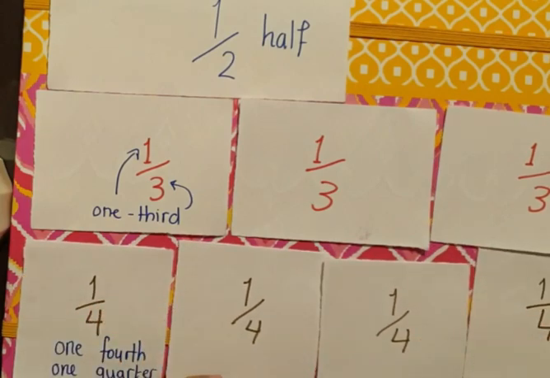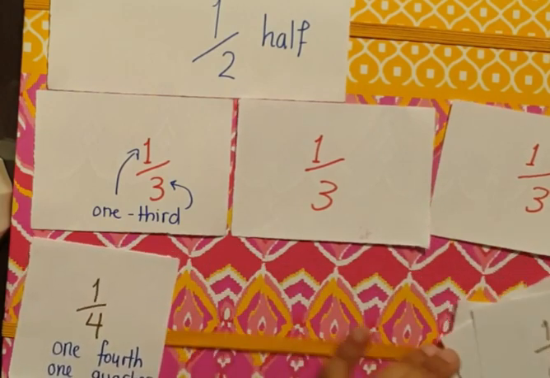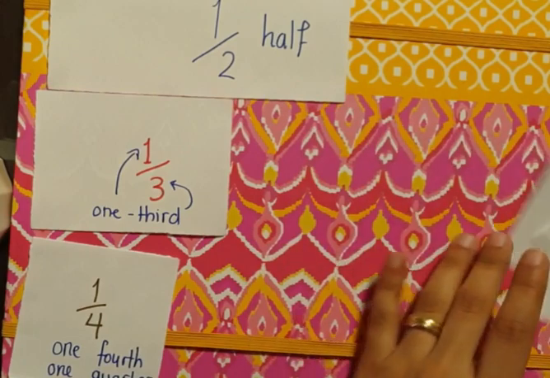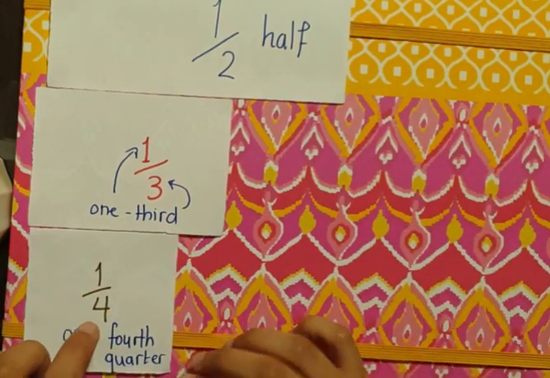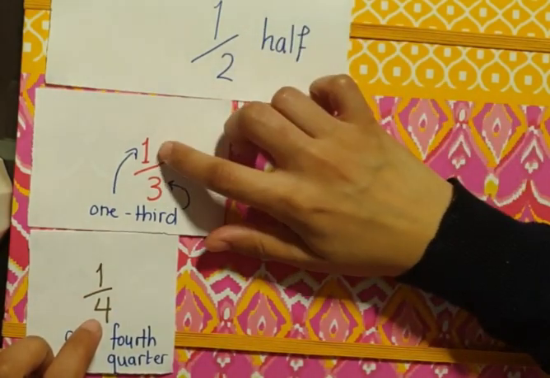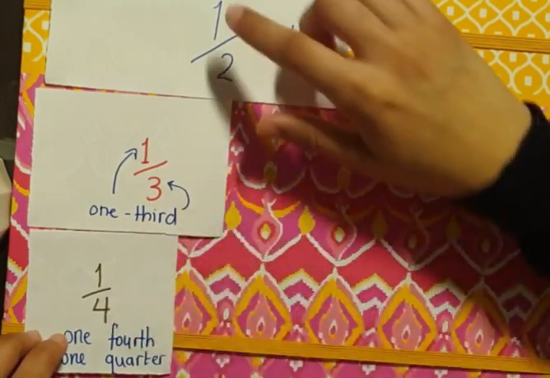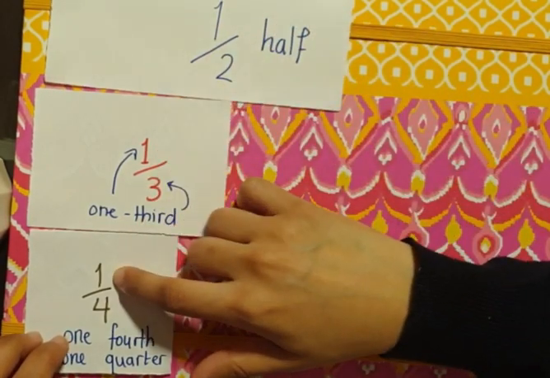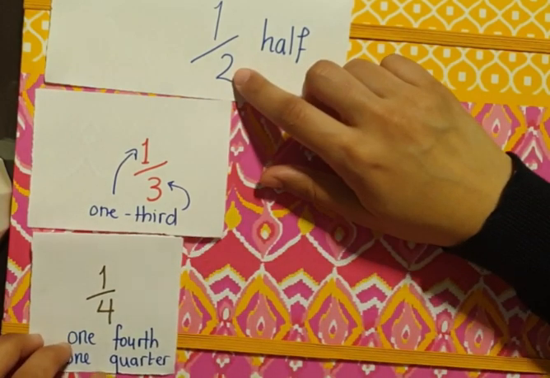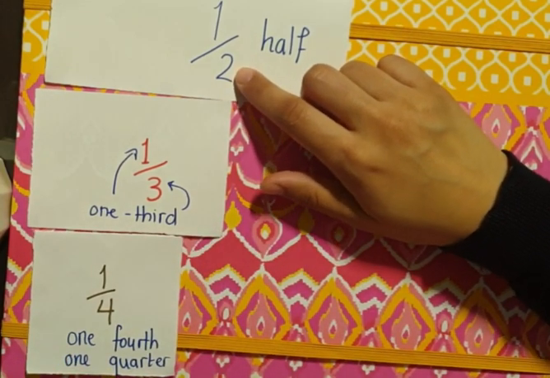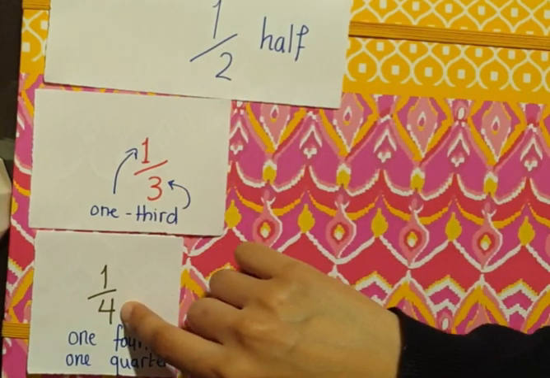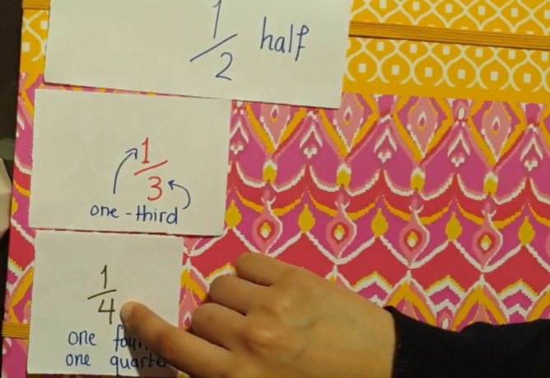All right, so keep in mind that if all of the numerators, or the numbers on top, are the same, in this case they are all 1, I'm going to look at the denominator, or the number at the bottom, and I will find the biggest one.